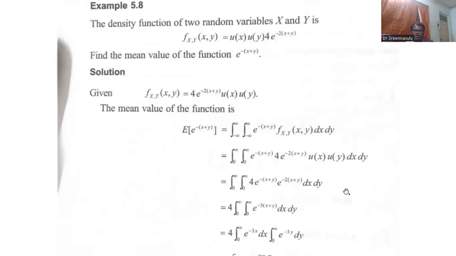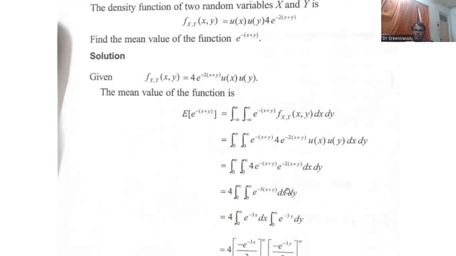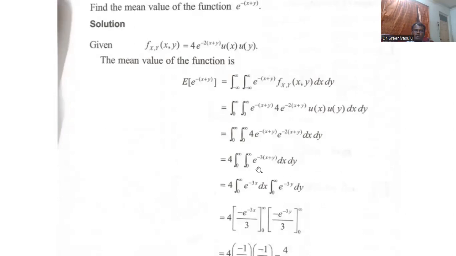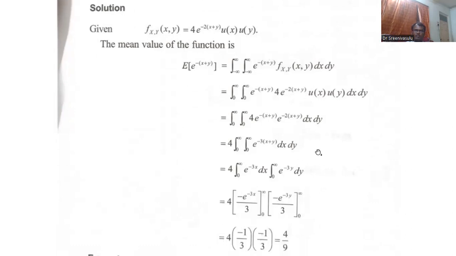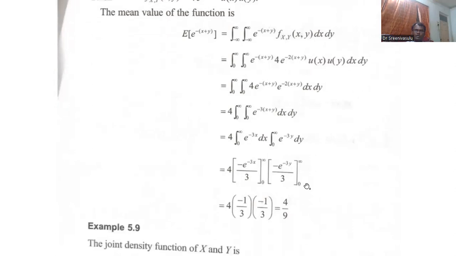Now, you integrate this one. You separate the x terms and y terms, and then integrate with respect to x first. The integral of e^(-ax) dx is e^(-ax) by a, that formula. After separation of x terms and y terms, you do individual integration with respect to x and with respect to y, and then substitute the limits 0 to infinity.